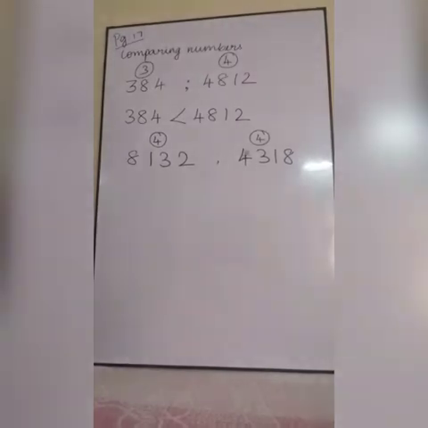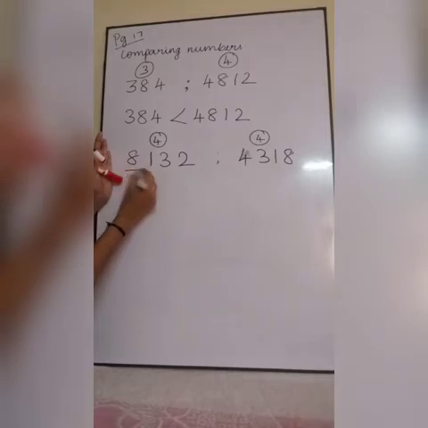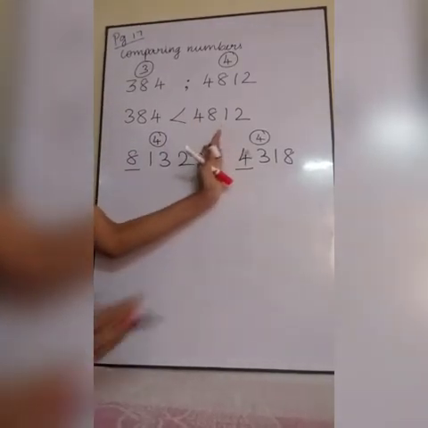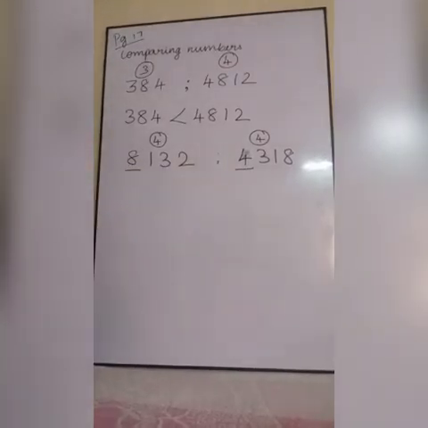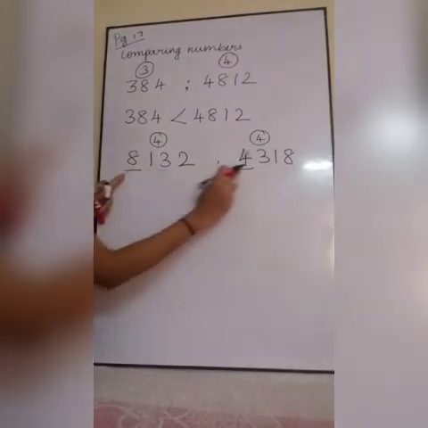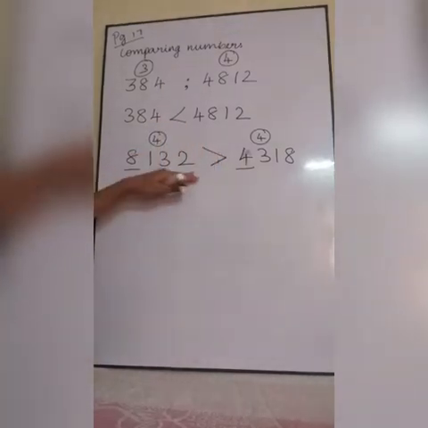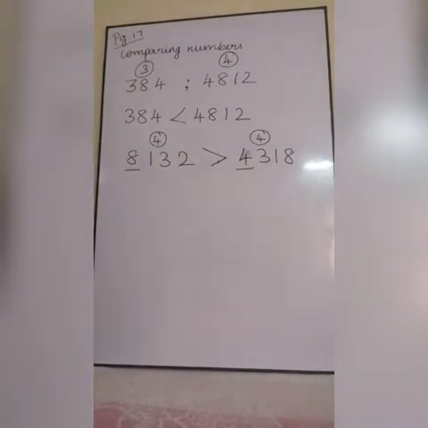So we can't compare by that property. Okay, so what will you do? You should go from the left side. Which is your left side? This is your left side. So you compare the first number on the left side. For this number, which is your left side, this. So compare this number. Whether 8 is greater or 4 is greater? 8. So obviously we can say this number is greater than that number.